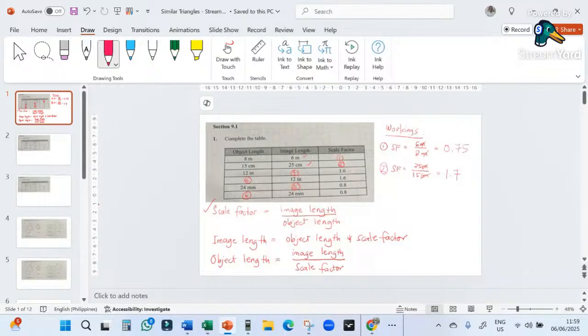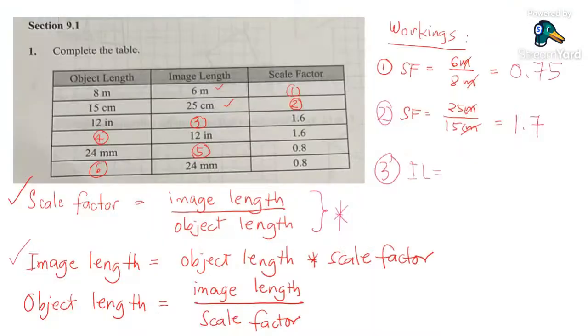Number three is a bit different this time because image length is the one unknown, and we already have a formula for that, derived from the working definition of scale factor. So the image length for number three will be object length times scale factor. The object length is 12 and the scale factor is 1.6.